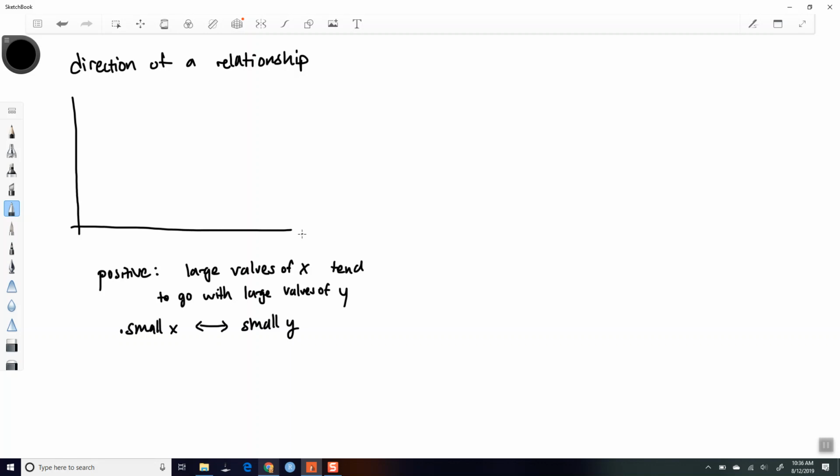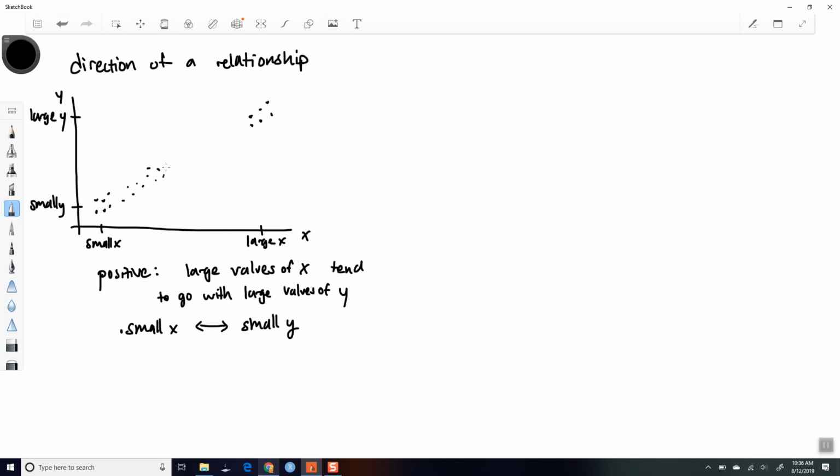If this is my x-axis and this is my y-axis, this side would be large x, and this side would be small x, and down here would be small y, and up here would be large y. So large values of x tend to go with large values of y, and small values of x tend to go with small values of y.